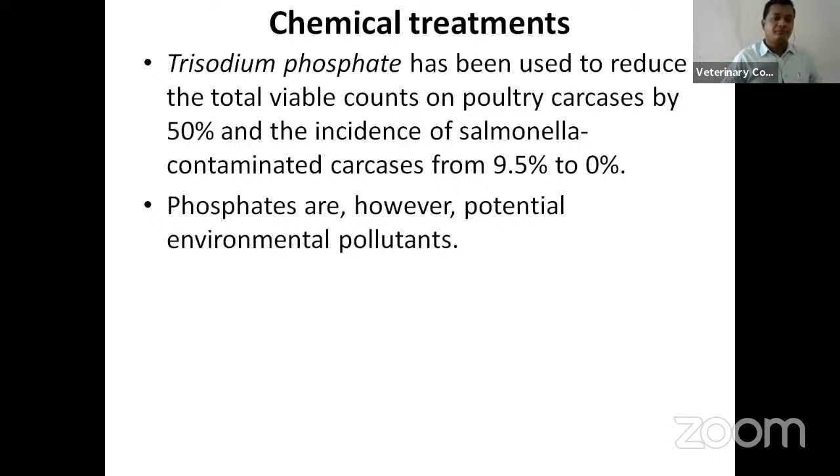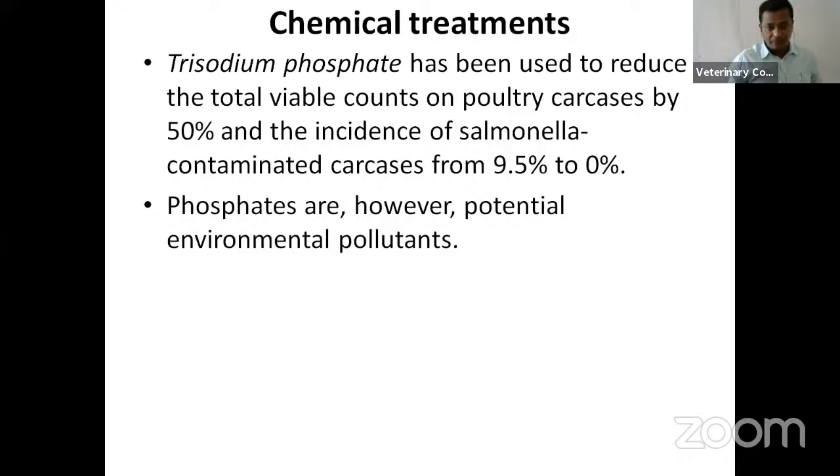The trisodium phosphate, TSP, is also used to reduce the microbial load. However, once trisodium phosphate is sprayed on the carcass, it comes out as a drain, okay, and it enters the ETP, and then it is a potential environmental pollutant.